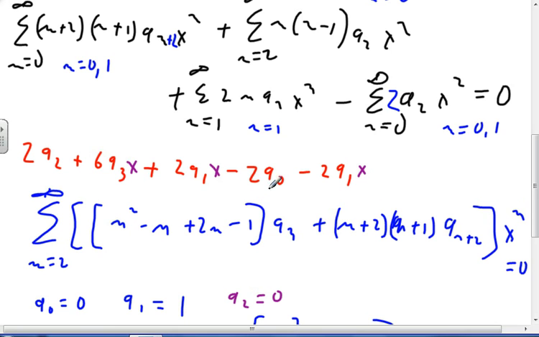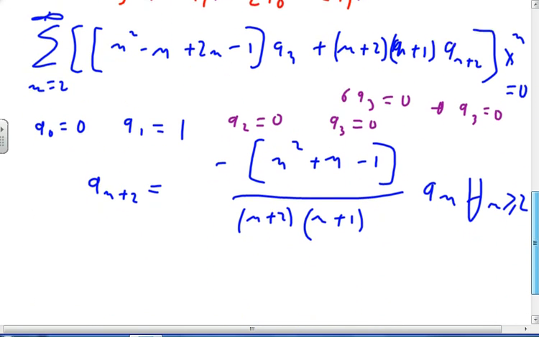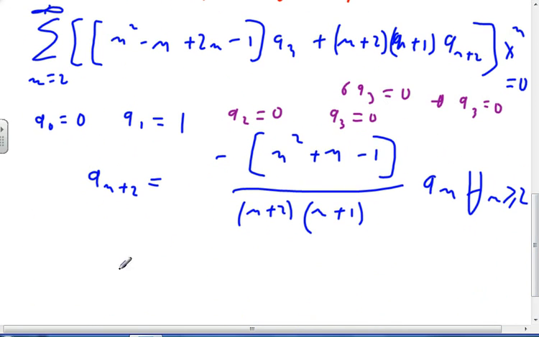All right, now, back to this. A1 is 1. So I have 6 a3 equals 0, implying a3 is 0. So if a3 is 0, and a0 and a2 are 0, and a1 is 1, my recurring formula is always going to give me a 0, so y is equal to x.